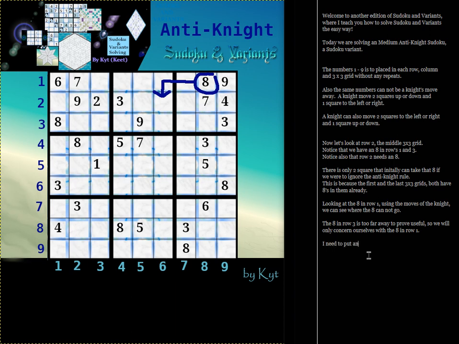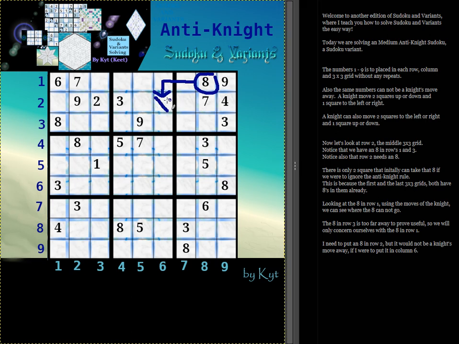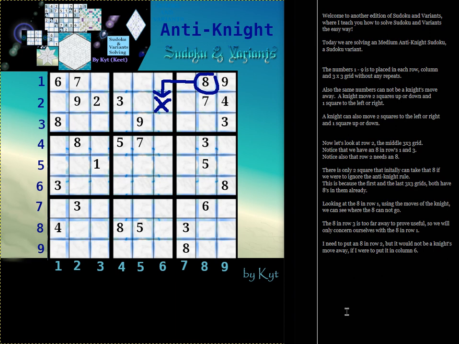Now I need to put an 8 in row 2, but it would not be a knight's move away if I were to put it in column 6. That means we cannot put an 8 where that X is.